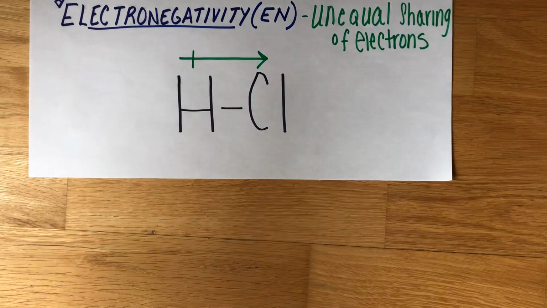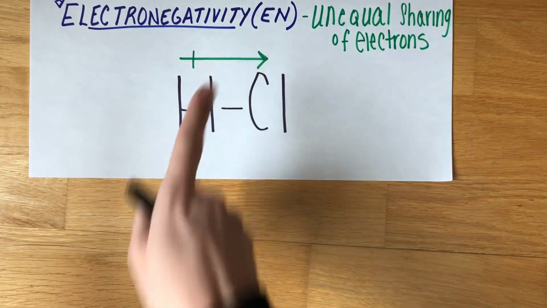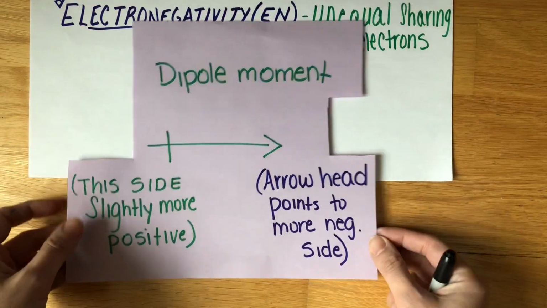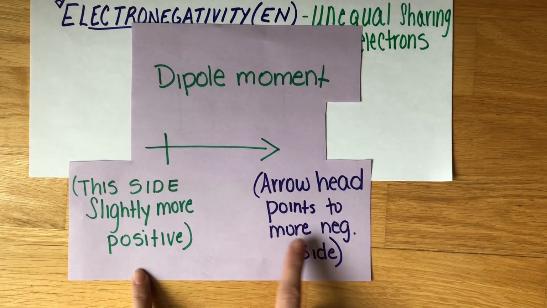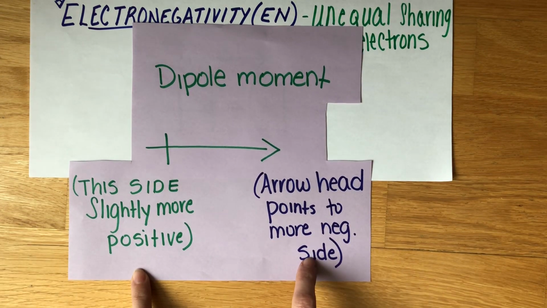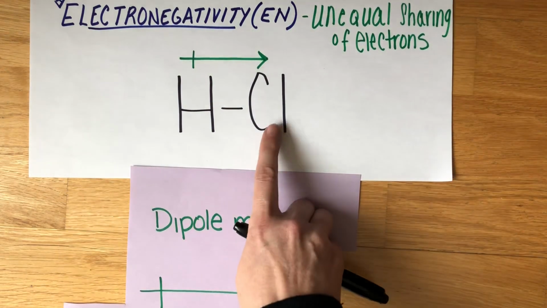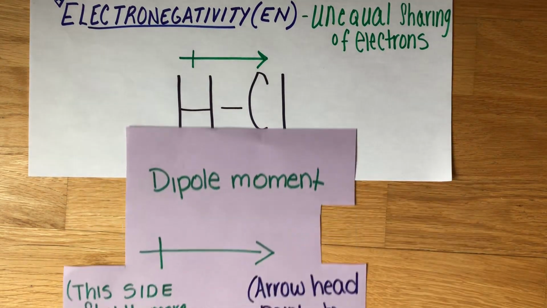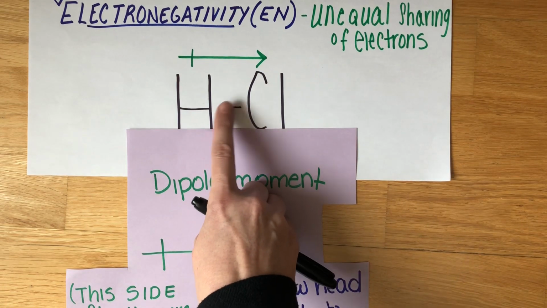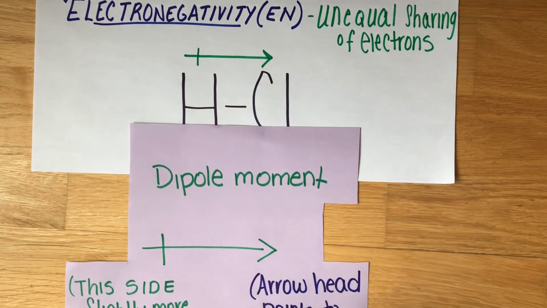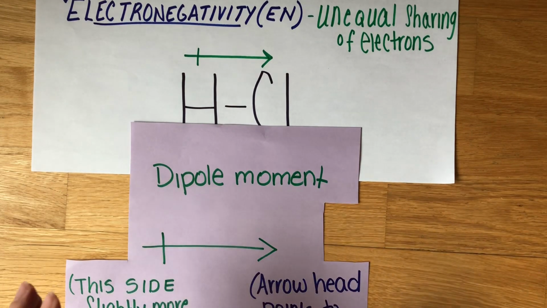The last thing I want to review is this arrow seen up on top here, and it's kind of a fancier arrow, and it's called a dipole moment. And you can see here that the arrowhead points towards the more negative side of the molecule, so that's the higher electronegativity value. And remember, this bond is made up of those electrons, and chlorine pulls those electrons slightly closer to itself. Not fully, because if it did, that would be a complete transfer, and that's ionic.